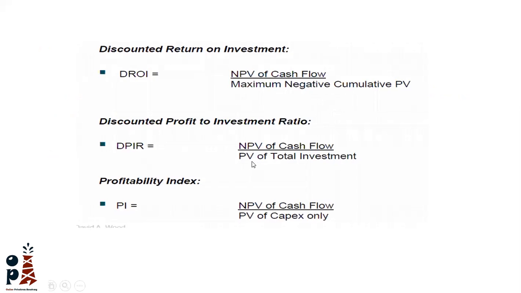If you have total investment which includes capex and opex, this is called the discounted profit to investment ratio. If you have capex only, we have what is called the profitability index. So again, they are all the same, but they look at specific expenses.